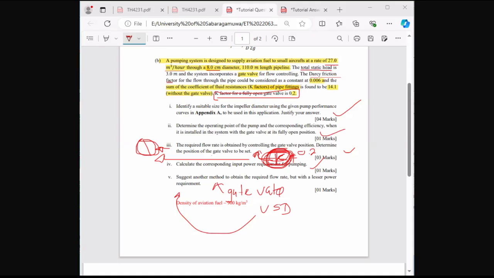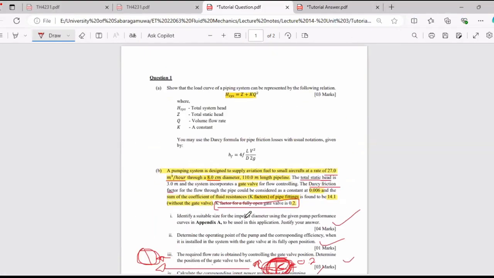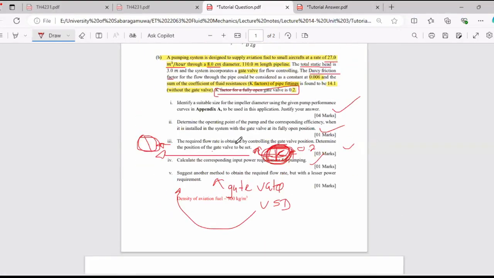Please try this tutorial number 2 at home. Please try to get this K value at home.